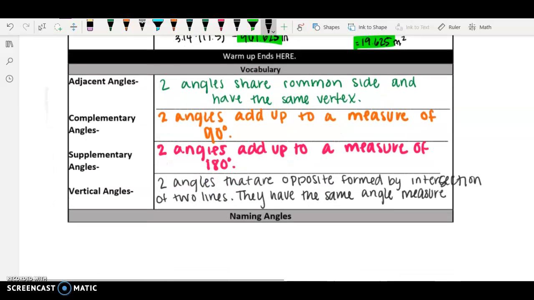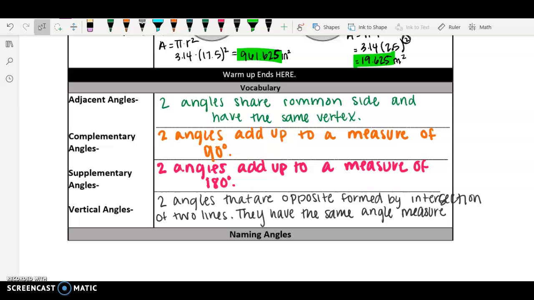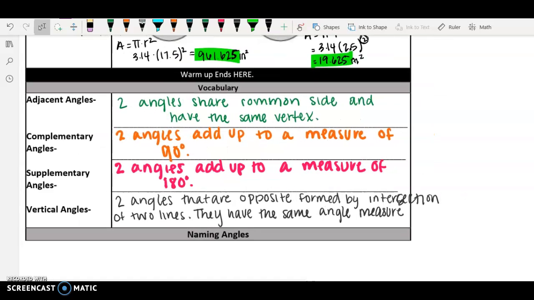All right, so before we start the lesson, we need to know some vocab. So first, we need to know what an adjacent angle is. So 2 angles share a common side and have the same vertex. So what that means is if I have 2 lines here, my vertex is the point of intersection.